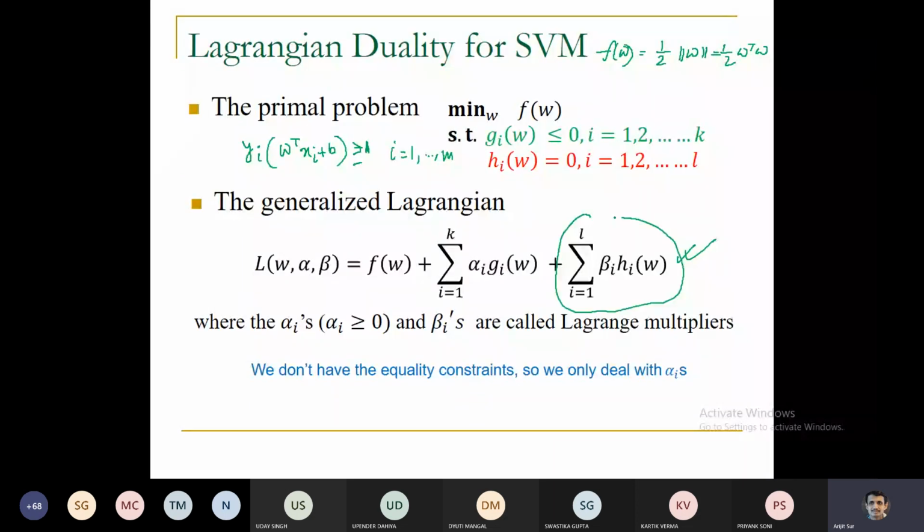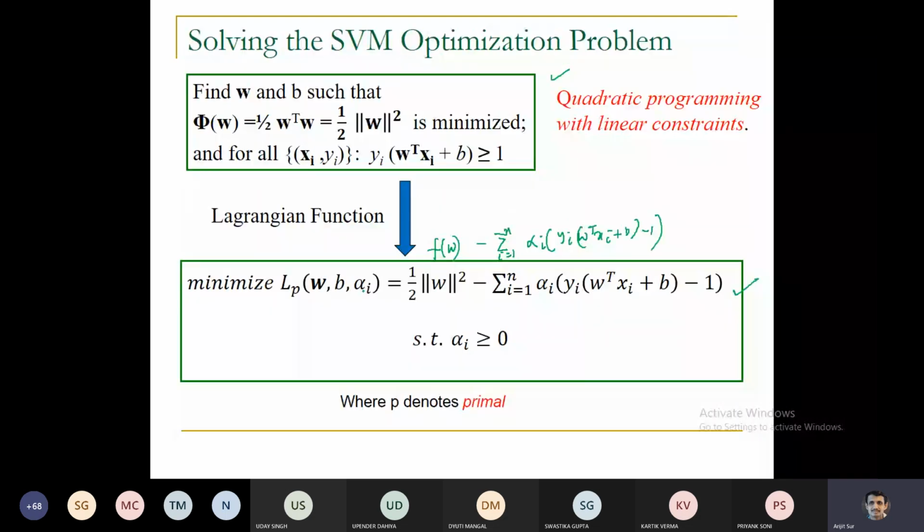Only this part is there. So these two parts are given, this part we don't give. So that is what we put in this formulation, minimize L_P(w, alpha_i), where this is omega, the w square or w norm.